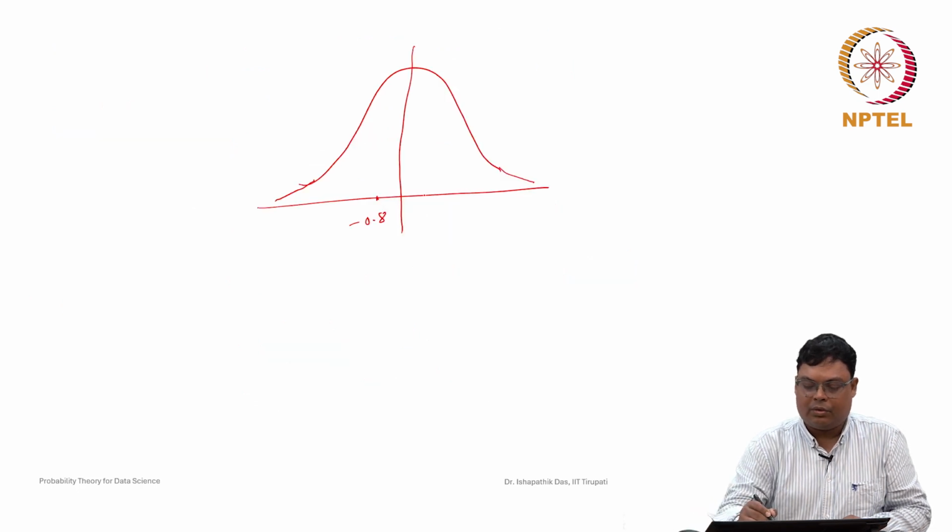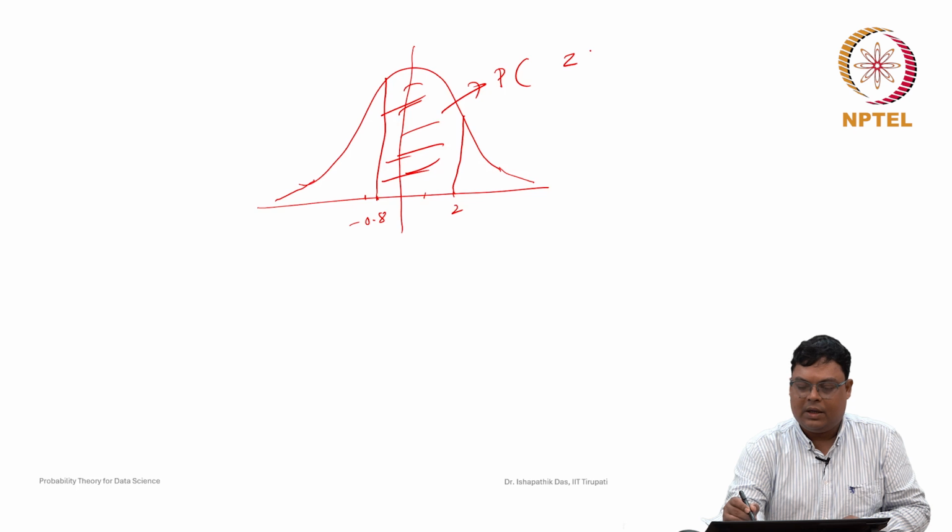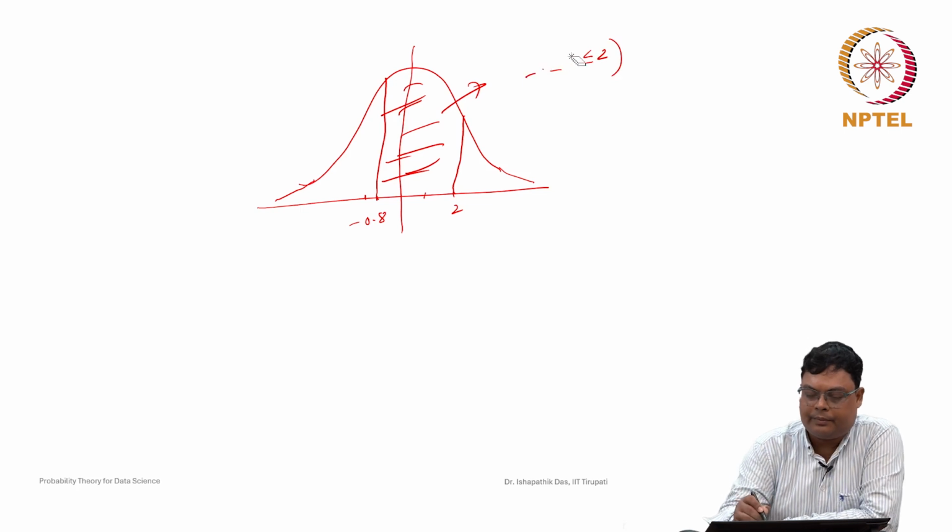Suppose this is minus 0.8, this is 1, 2. This is the area they ask us to find. So, this is the probability that z is between minus 0.8 and 2.